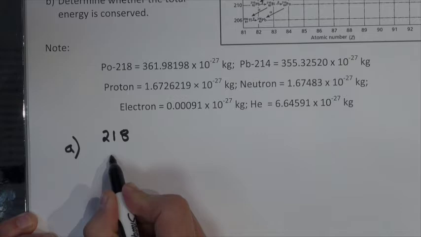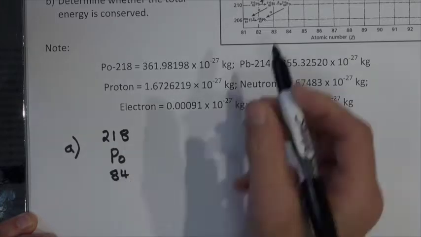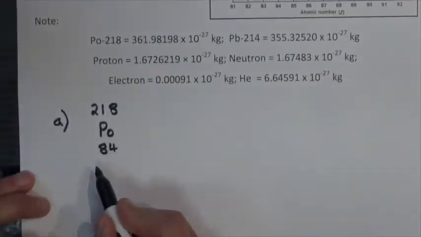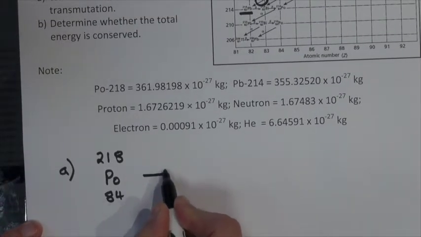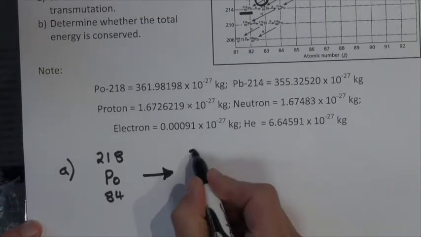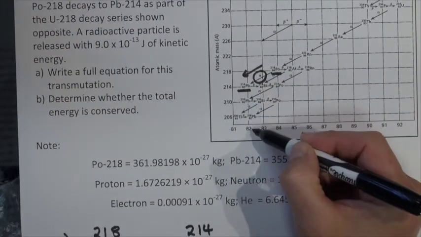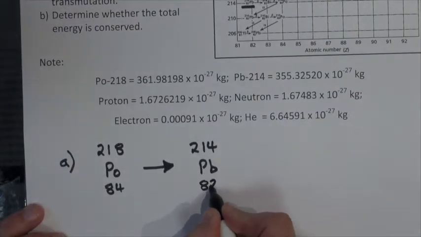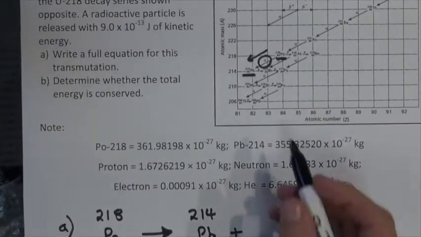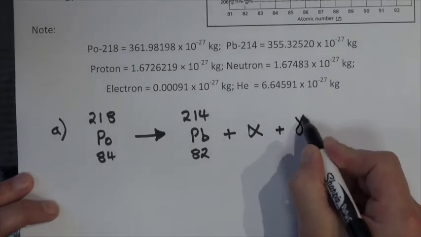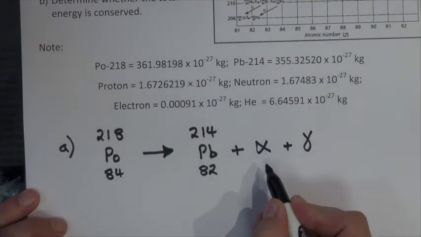So polonium-218, and it's got an atomic number of 84, which I can read off by going down to that bottom number. That gives 214 Pb, lead, with an atomic number of 82, plus an alpha particle, which we've determined from our decay series, and we presume that there may be some gamma radiation coming off.